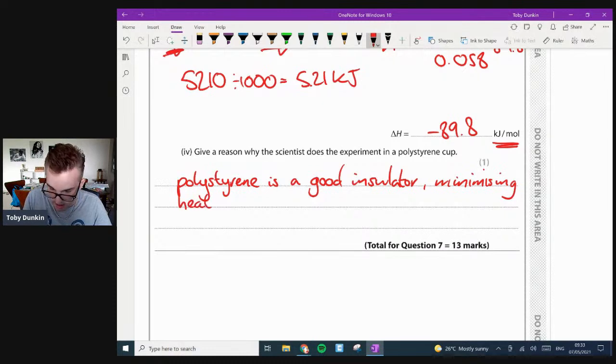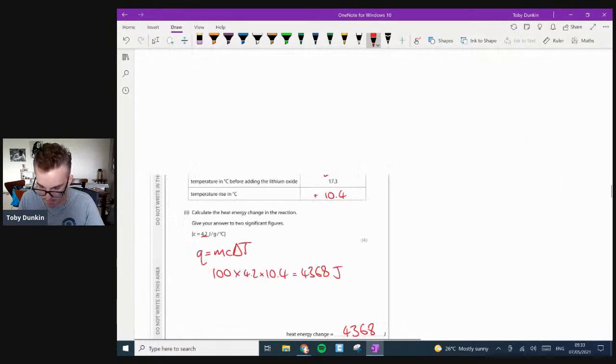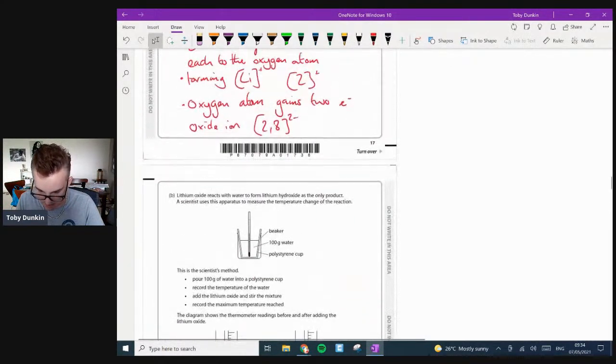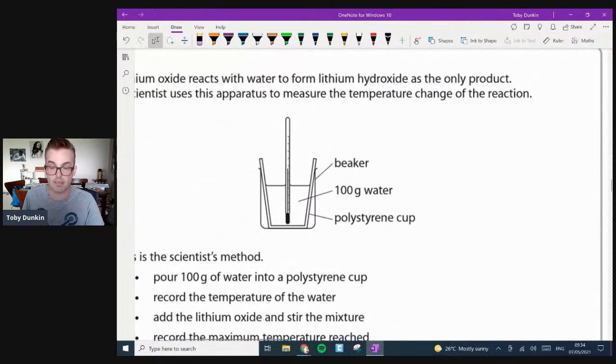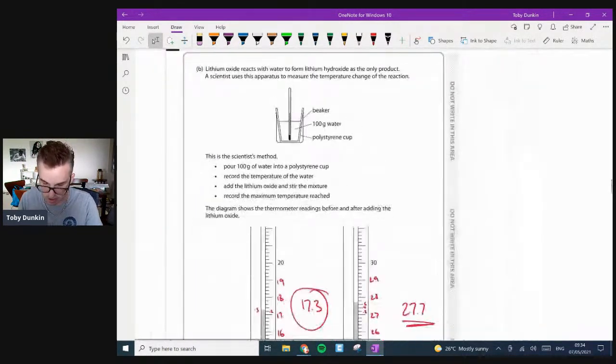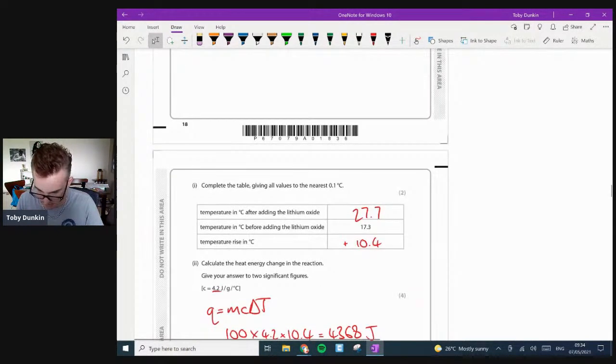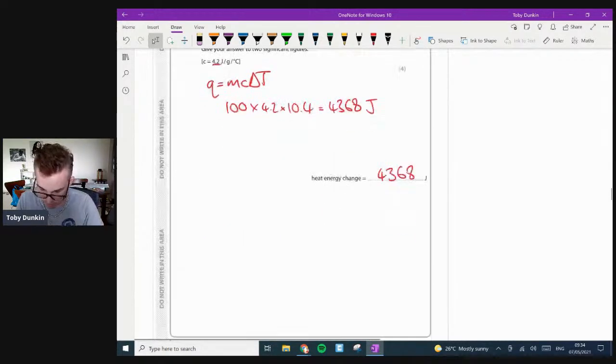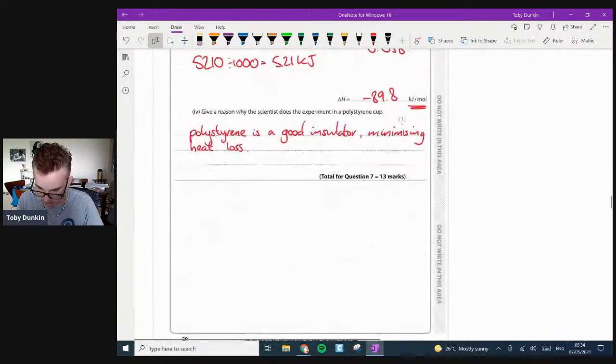Can I just say, it's very common for them to ask for other improvements. Number one, put a lid on it. Second thing is, stir it consistently until the reaction stops, so the heat's distributed evenly through the water. Very common questions at GCSE.